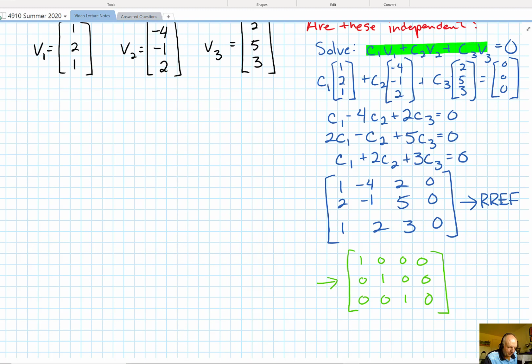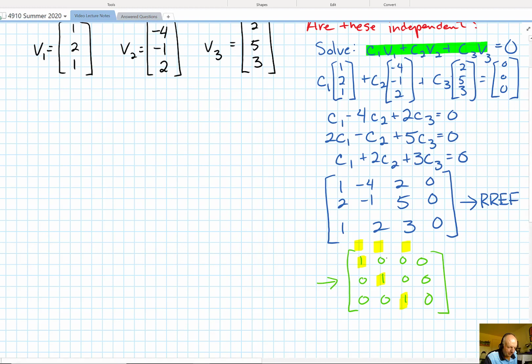And you'll notice each column has a leading term, so we have no free variables. So this has a single solution, and in fact we can read the solution right off.